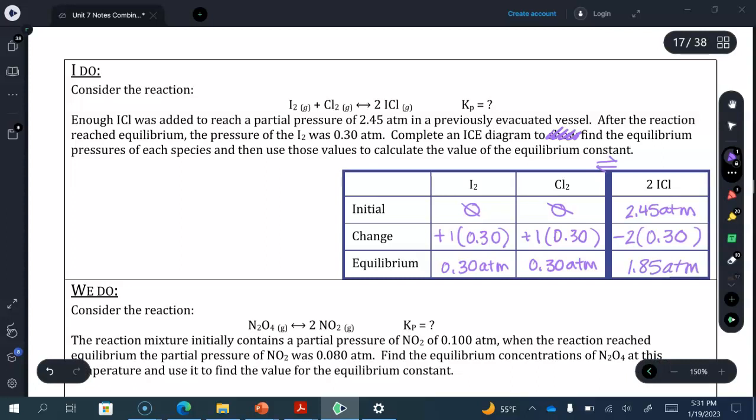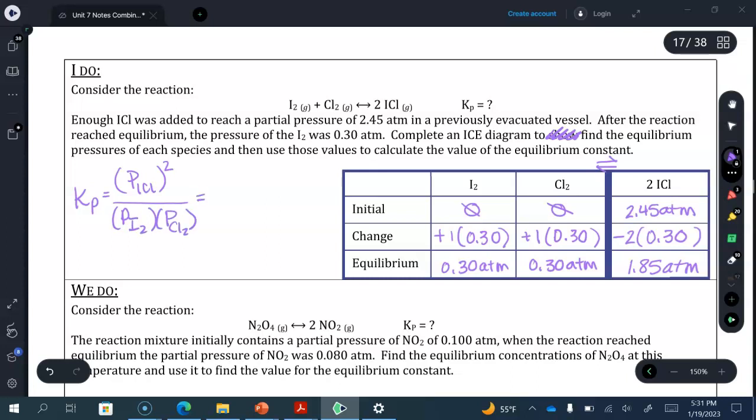So now that we have our equilibrium pressures, we can calculate Kp. Start by writing the Kp expression, which is product over reactants, so the pressure of ICl, and it has a coefficient of 2, so it is squared, over the pressure of I2 times the pressure of Cl2.